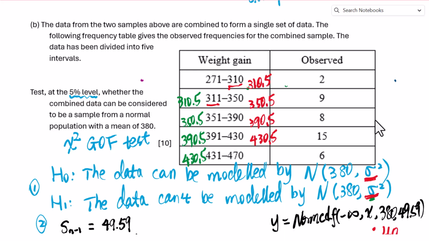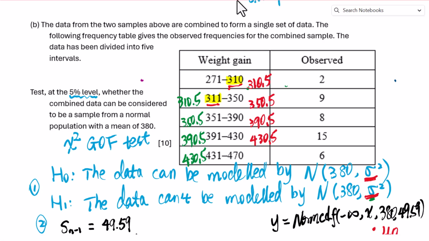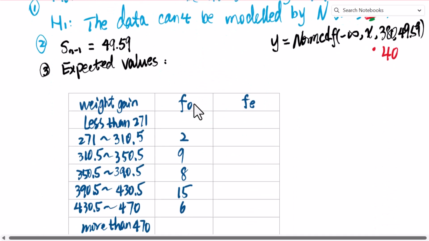When you check this interval, you could say 310, 311. You need to make this into continuous data. So we will use the average, which is 310.5, to connect these two intervals. In this way, we will get the following intervals.